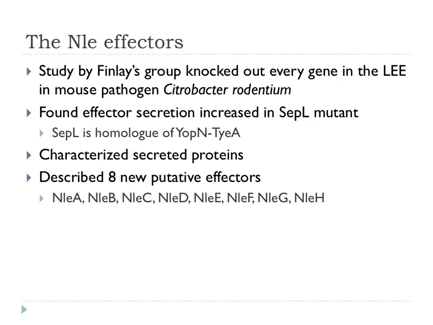But if you knock that out, then they suddenly start secreting effectors very effectively. He just characterized the new proteins he saw being secreted and gave them names, didn't really do any further work on them, just called them NleA through to NleH.